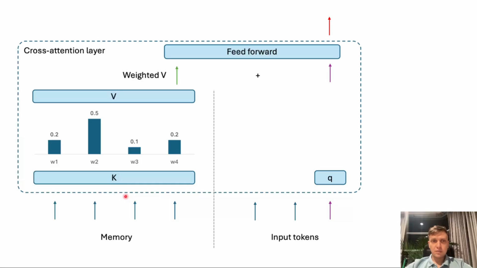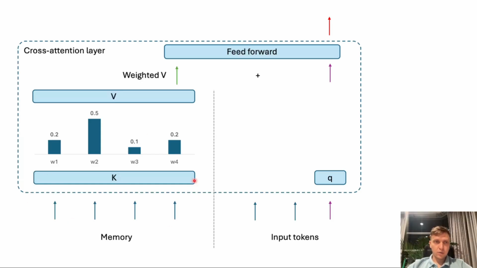What it means is that we can freely deal with data from two very different domains. For example, this memory and input tokens can be completely different, but when we compute queries and keys, they become a bit more comparable, and this is why we can compute all the rest. And then we do absolutely the same things.